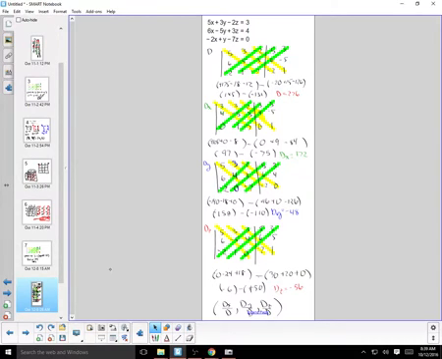Simplify that. 48 over 276. Simplify that. Because they're all even numbers, so they'll all reduce. No surprises, right? Good.